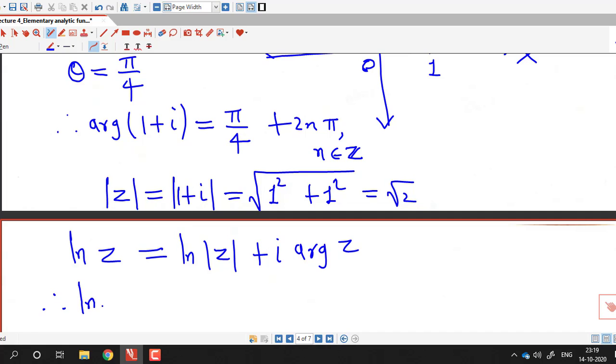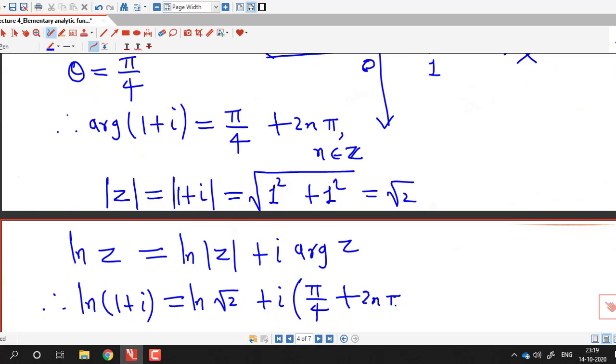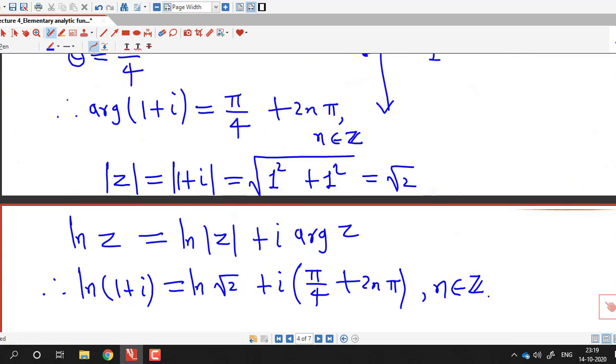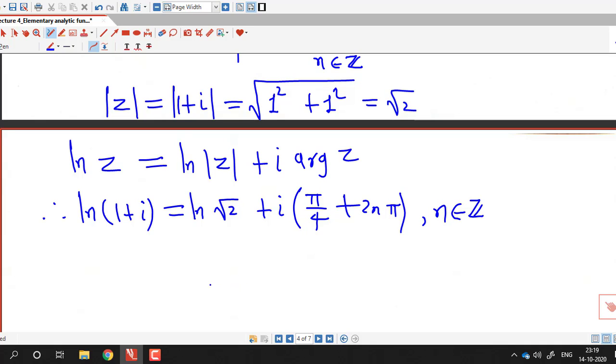Here z is 1 plus i, the absolute value is root 2, and the argument of z is pi by 4 plus 2n pi, n in the set of integers.